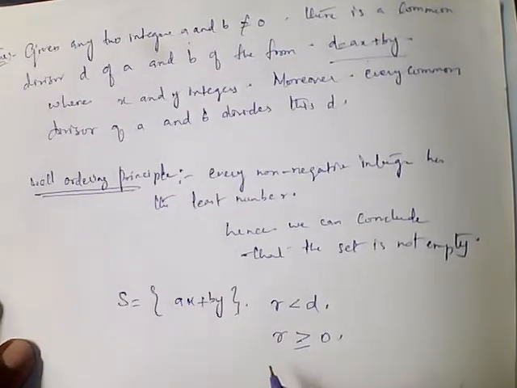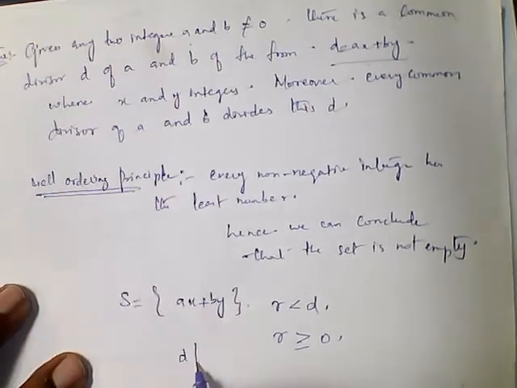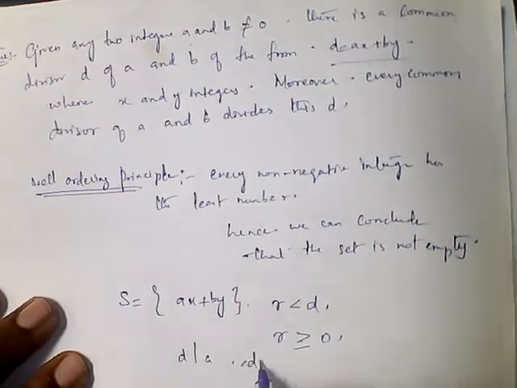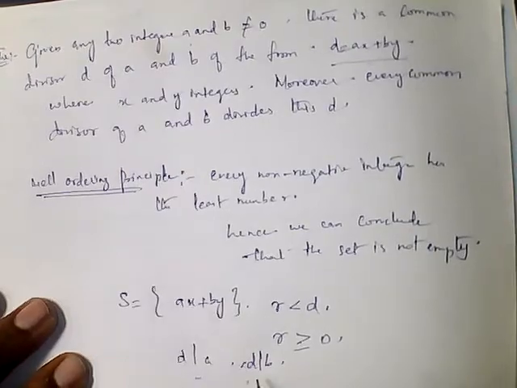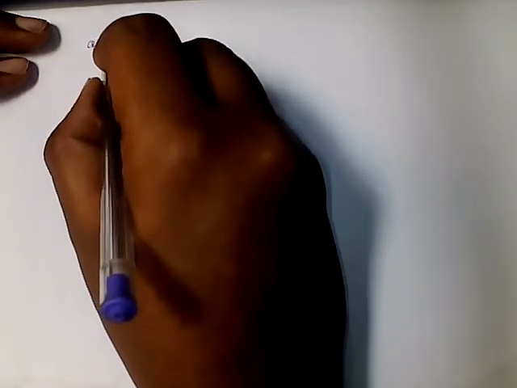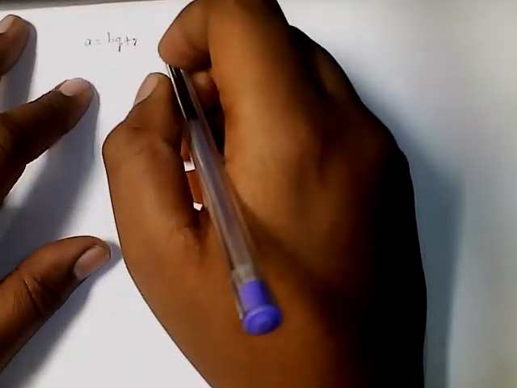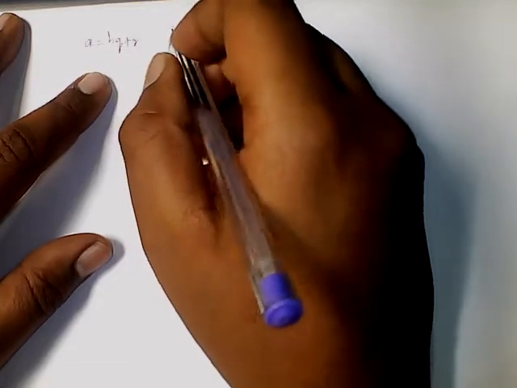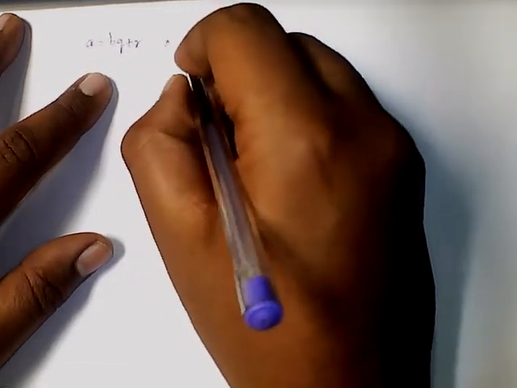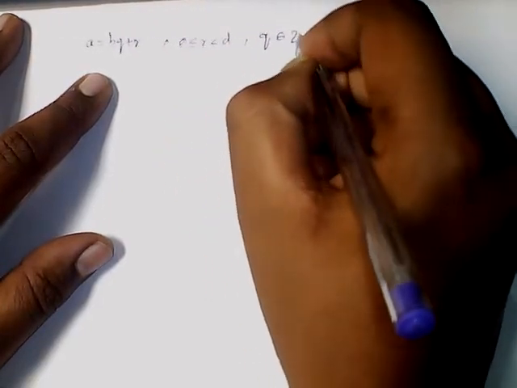Now, to prove that d divides a and d divides b, because this is a common divisor of these two values, we have to consider the Euclid algorithm that we have learned in previous classes, that is a equal to bq plus r, where 0 is less than or equal to r is less than d, and q belongs to Z.